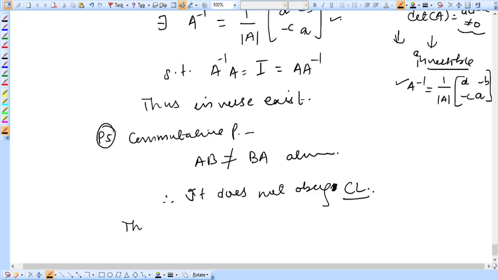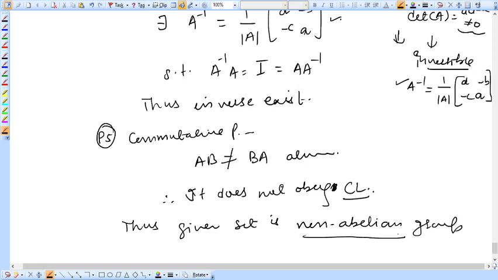Thus the given set is a non-abelian group. Non-abelian because it doesn't satisfy the fifth property, which is commutative law, right? Now next problem.